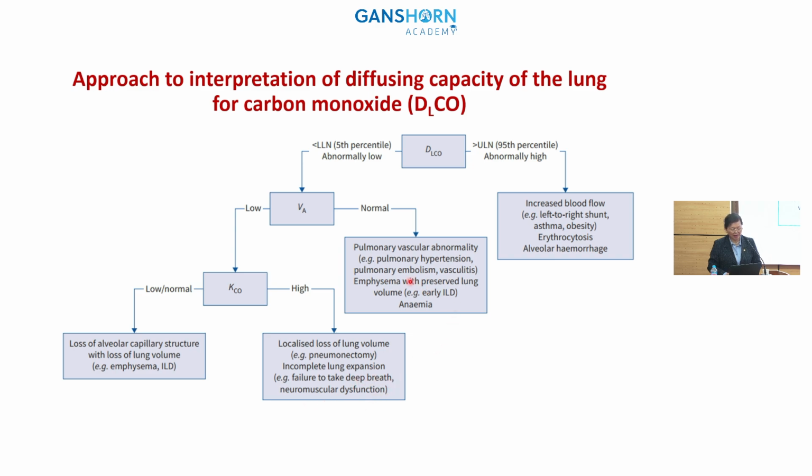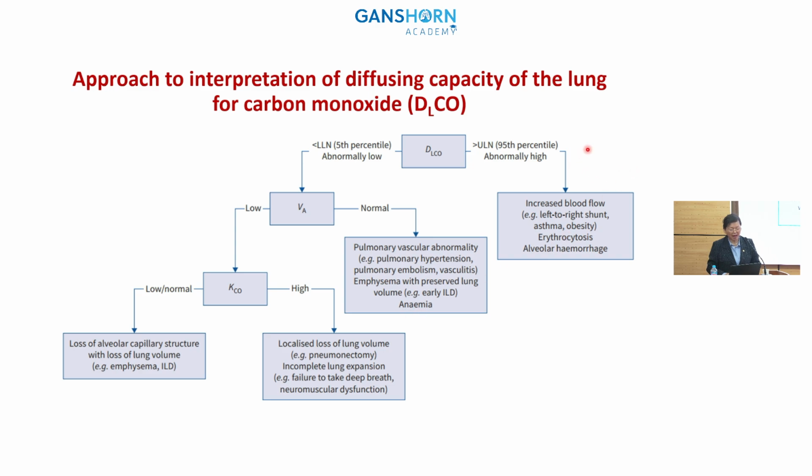Or we could have a pulmonary vascular abnormality: pulmonary hypertension, pulmonary embolism, vasculitis. Or we have emphysema with preserved lung volume. It is early interstitial lung disease, also early emphysema or anemia.